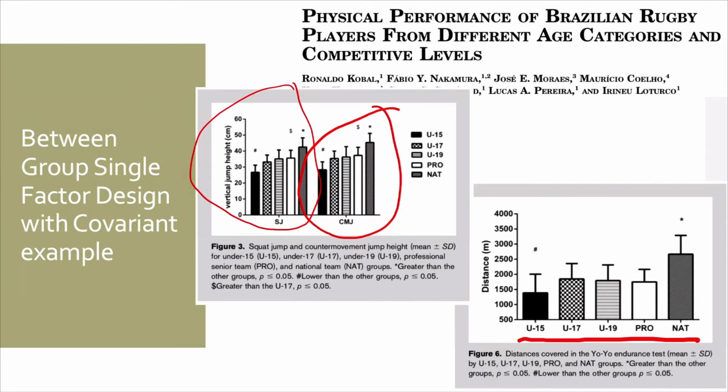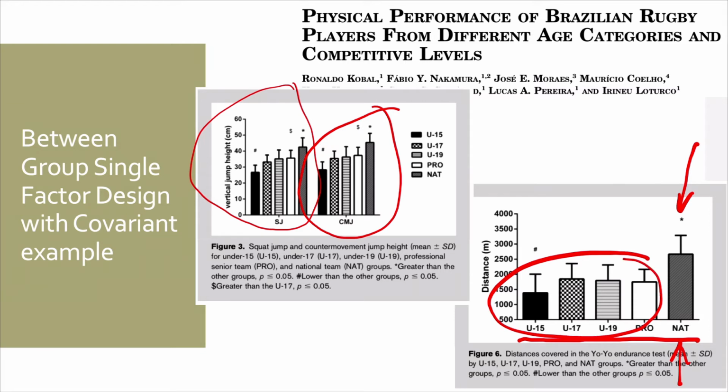And this is what was found. Even when we control for the increased body mass, we still saw significant differences in the national level players when we compared them to other groups. In this case, in the distances covered for the yo-yo test, the national players were different from all the other groups.